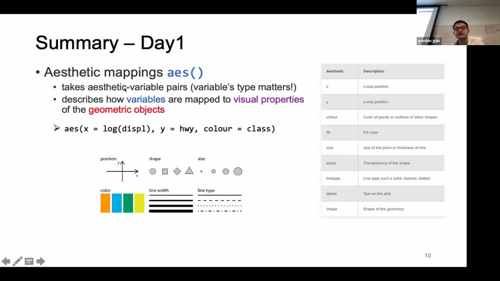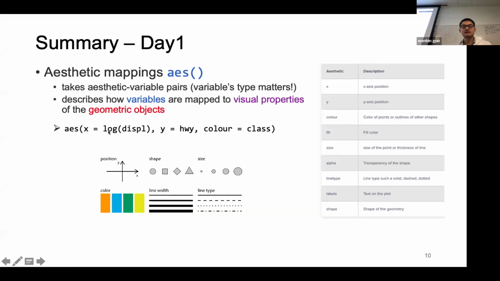So these aesthetic and variable pairs describe how the variables map to the visual properties of the geometry objects. We are going to learn about the geometry objects later today. They have properties like the shape, the color, and also the line type if it's a line plot. Here is the usage of the aesthetic mapping.